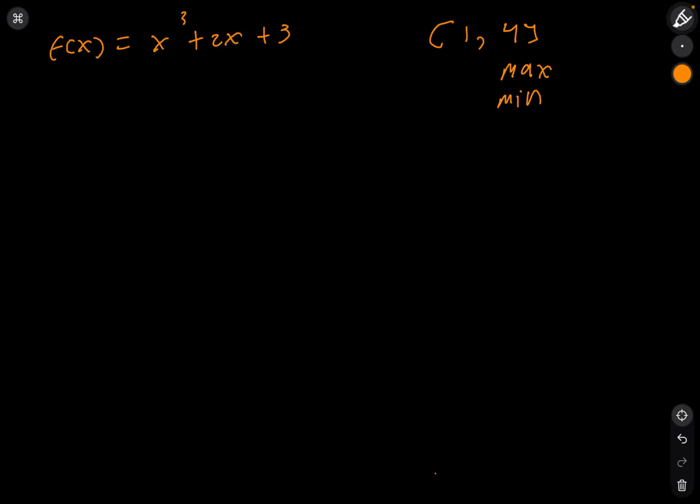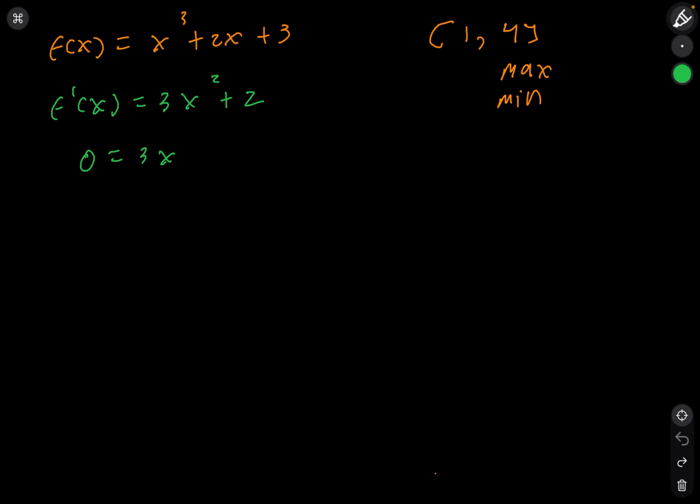Shall we? So first off, we have to find the derivative, or the slope. So f prime of x is equal to 3x squared plus 2. Now from here, we set everything equal to 0. That might be impossible.